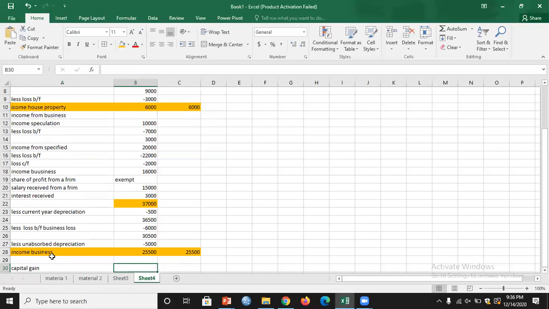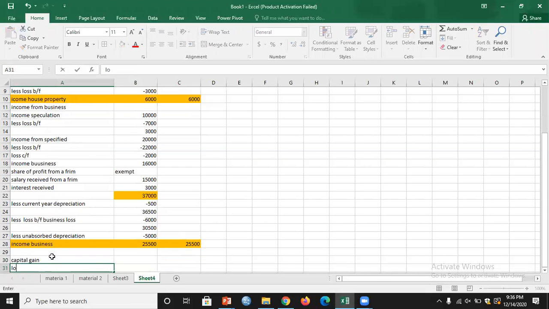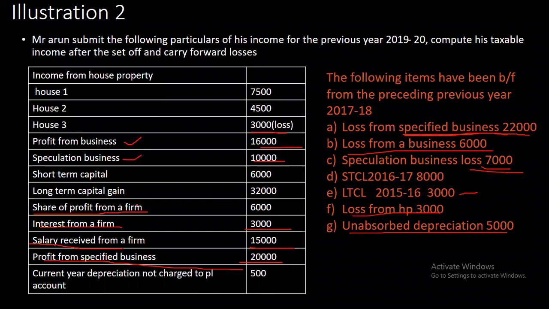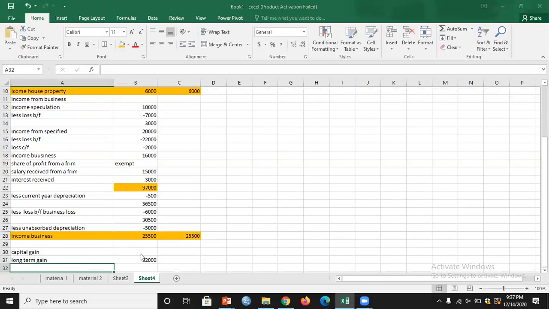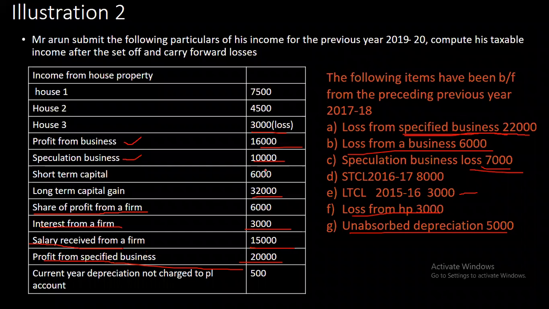Next it is capital gain. There are two kinds of capital gain, the long term and the short term. Let me put the long term first. Long term capital gain. In the last year, the long term capital gain is stated at 32,000 rupees. Then let me check if there are any losses.